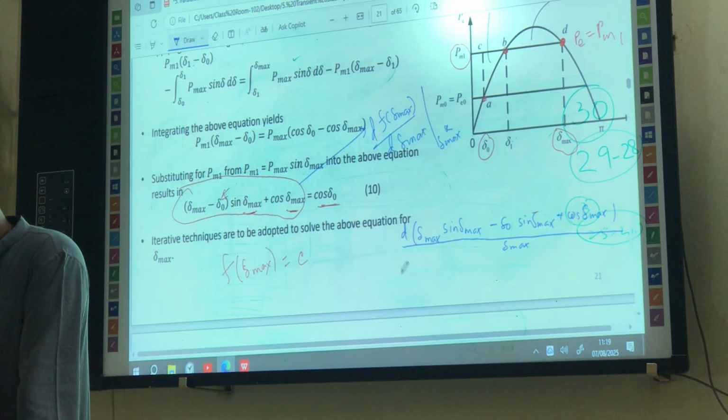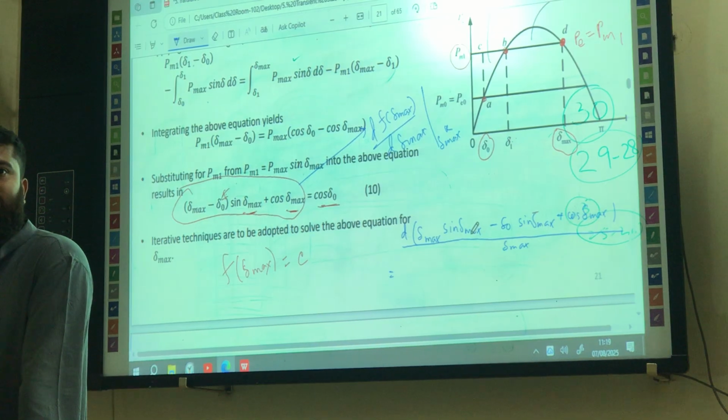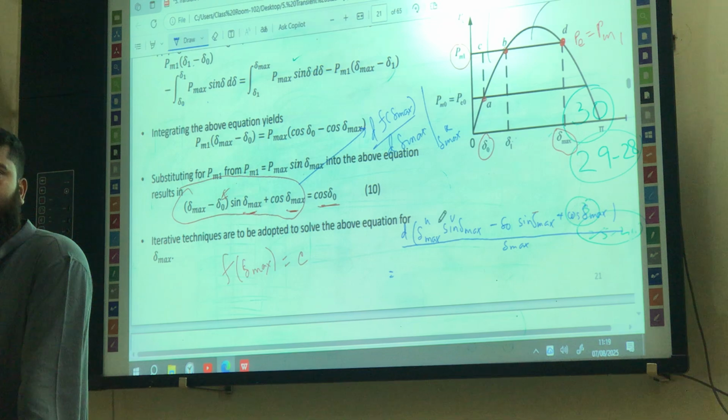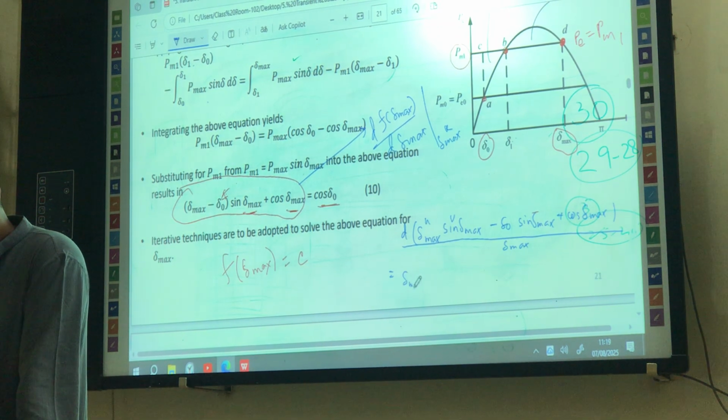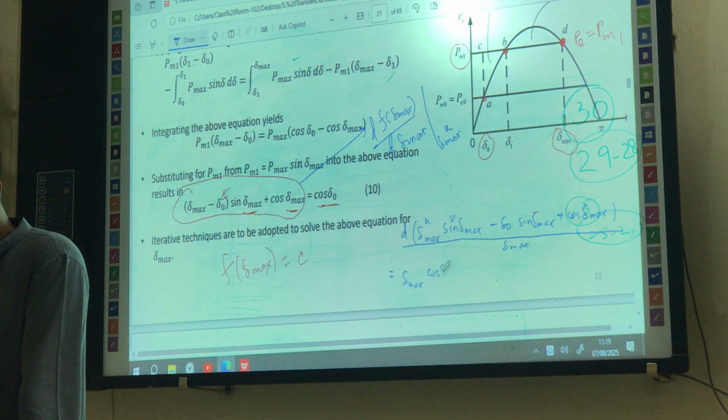So what will you get here? The delta naught will be constant. Okay. Here there are two terms, both are functions of delta max, right? So which rule will you apply? You will apply the UV formula, right? This is U, this is V. So what is the formula? It will be U, meaning this delta max, then the differentiation of V, that will give you cos delta max, right?